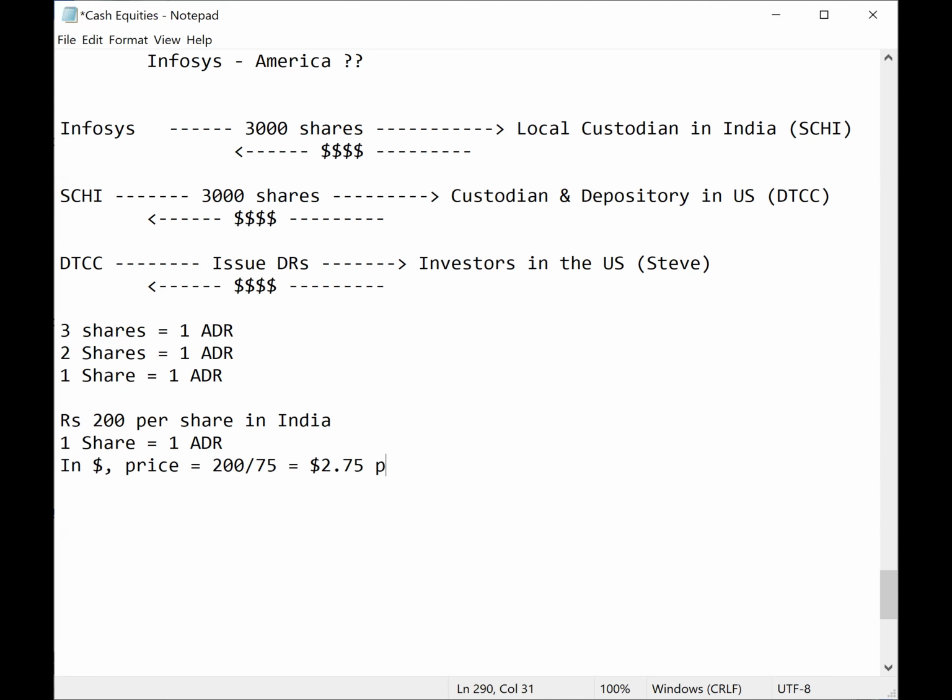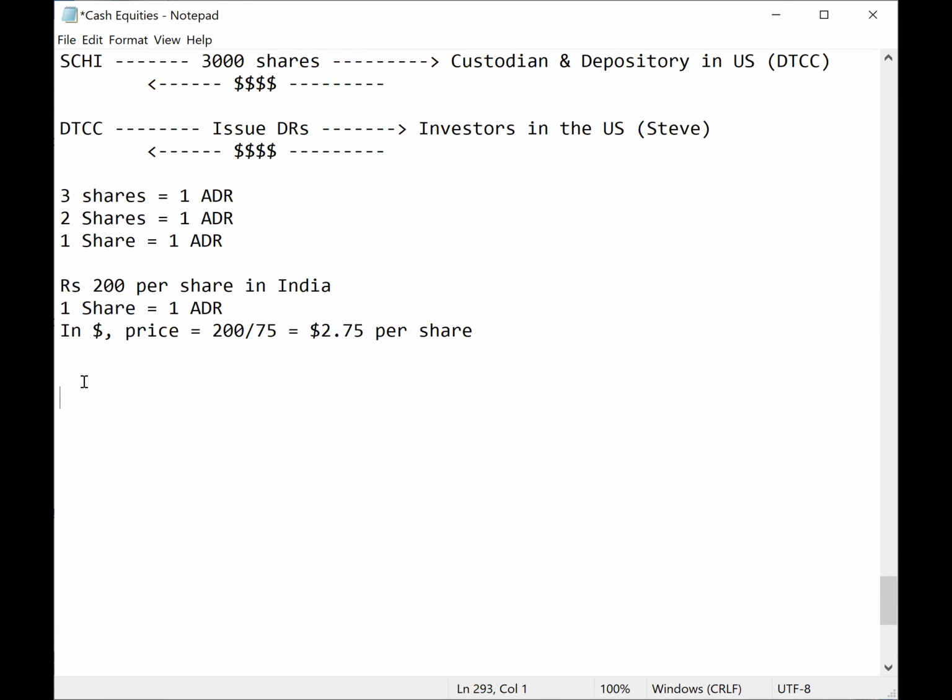So maybe they don't want this, it does not look good. This is a very low price, right? So maybe they would like to have a ratio of 2 shares or maybe 5 shares equal to 1 ADR, so that their share price is 1000 upon 75, which is around $13.